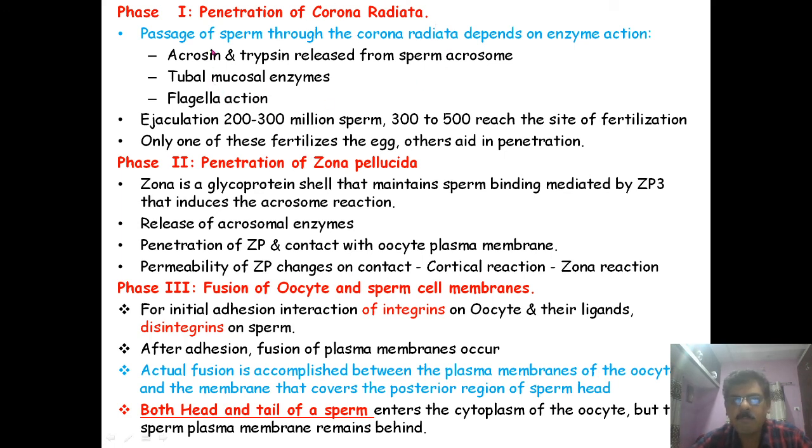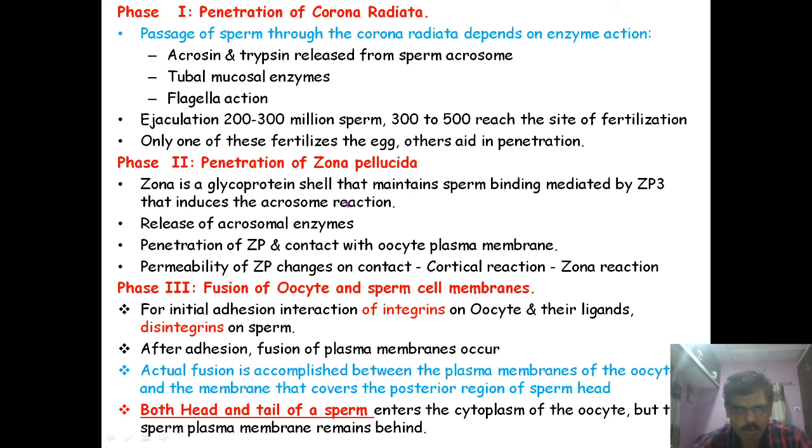Thus, these are the processes we have discussed. First is the penetration of the corona radiata, during which acrosin and trypsin are released from the sperm acrosome, and due to that it dissolves the corona radiata and the zona pellucida layer. Then the penetration of the zona pellucida. The zona is a glycoprotein shell that maintains sperm binding mediated by ZP3 protein, which induces the acrosome reaction.